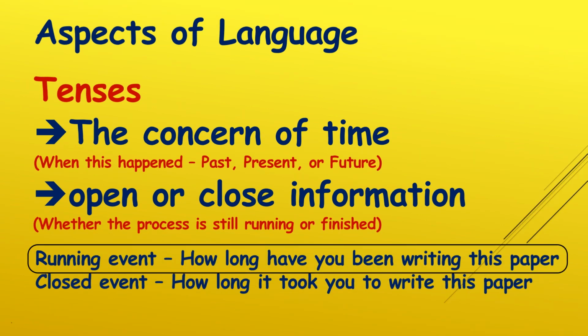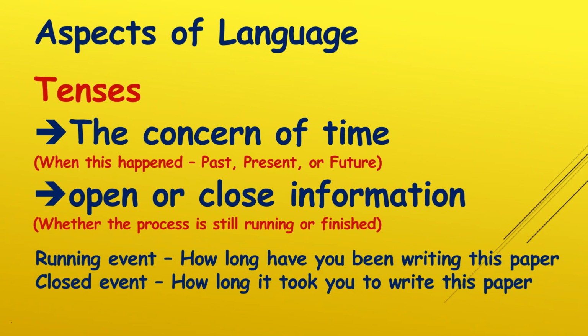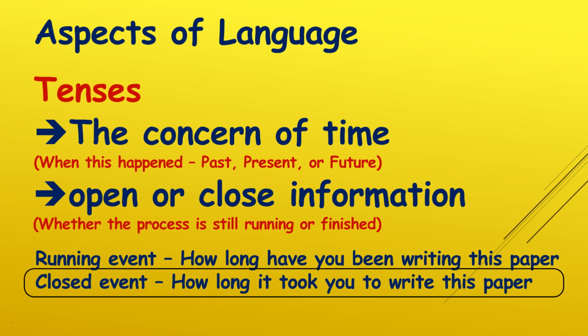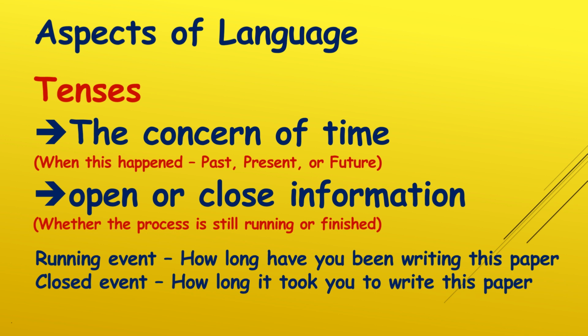In the second condition, you have already completed your research paper. In that condition, your supervisor comes and asks how long it took you to write this paper, meaning you have already finished it. So this is a closed event, meaning the process has been finished.